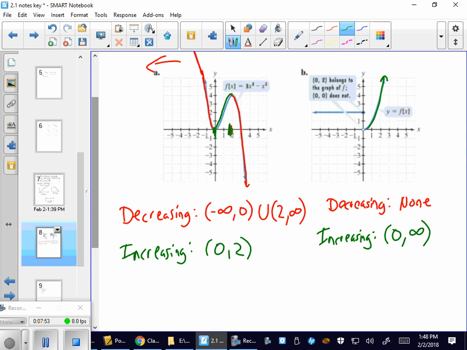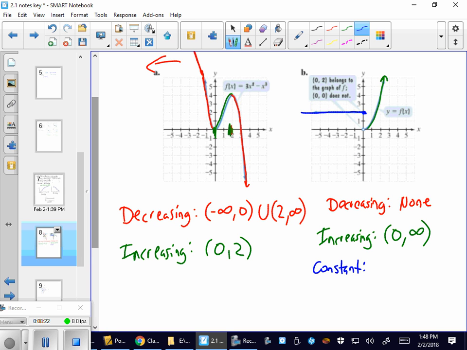The only time that we're actually going to include the constant, so we'll do this in blue, I guess. The only time we're going to include the value is if you have something which is constant. In this case, we do. You should be able to see you've got a horizontal line, which means that it's not going up or down for values which come from all the way to the left, all the way up to, and including, because there's a closed circle there, 0.